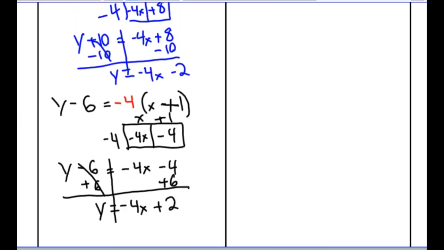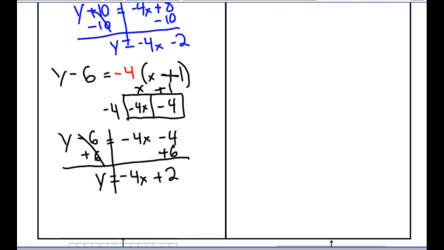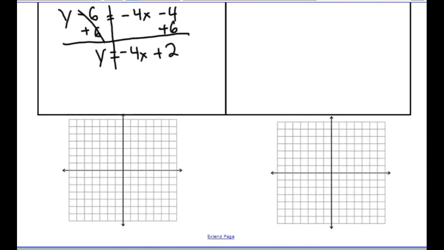So then if we're going to graph this, the first one we begin at -2. And our slope is -4, or -4 over 1. So we're going to go down 4, 1, 2, 3, 4, and over 1. Or up 1, 2, 3, 4, and to the left 1.